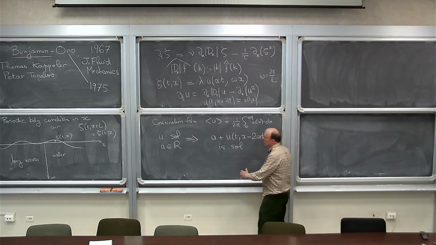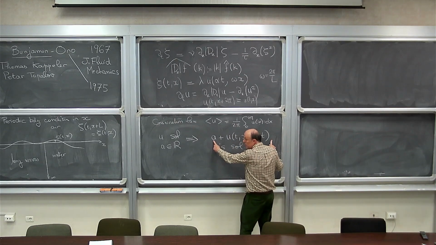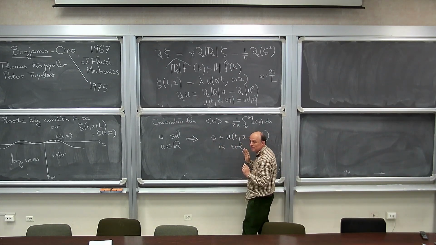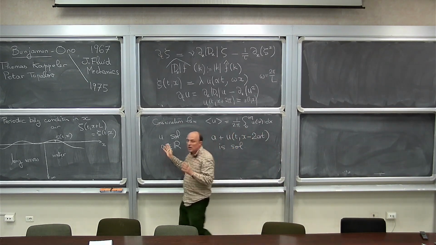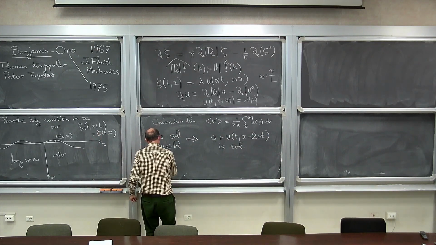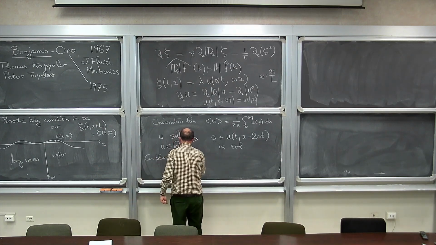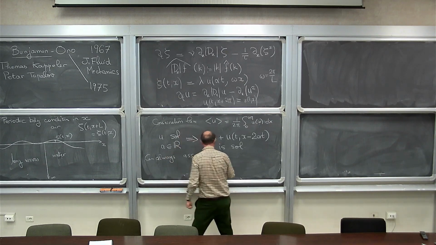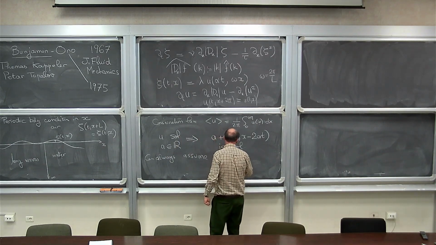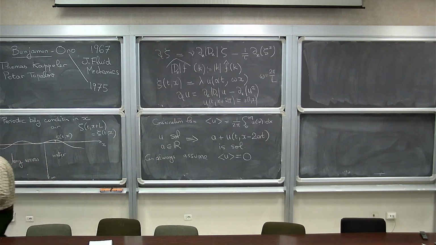So of course, the average of this guy will be A plus the average of U. So since A is at my disposal, I can always assume that A equals minus the average of U, so that the average is 0, for instance, just by withdrawing the average of U.